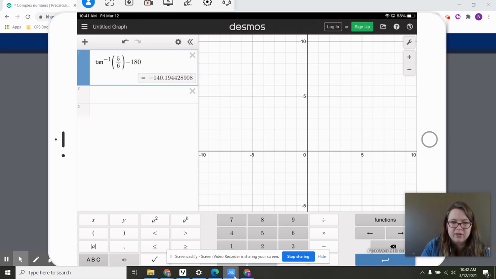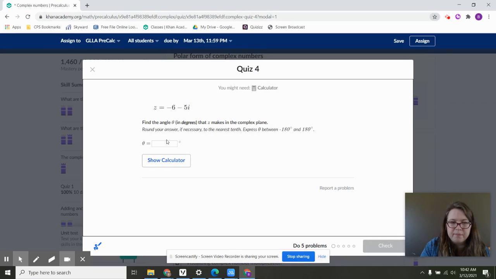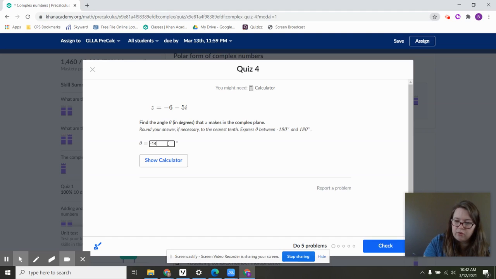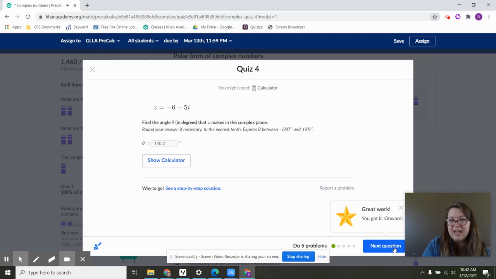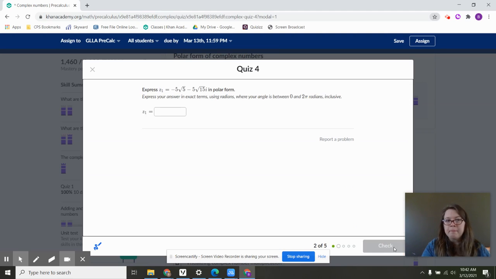So coming back to this one, it's going to be -140.2. So checking it. Yay. That's probably the hardest thing, when it's in a different quadrant. Make sure that you either add or subtract 180 or pi.